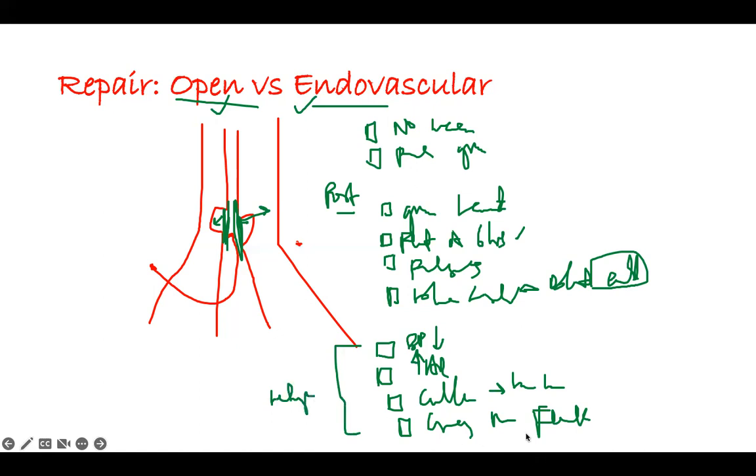And so they have Cullen sign, umbilical ecchymosis, Grey Turner flank ecchymosis, increased heart rate, lower blood pressure, change in mental status. So these are all shock. They will start to have back pain, even though you repaired the aneurysm. These are signs and symptoms of hemorrhage. They're leaking.